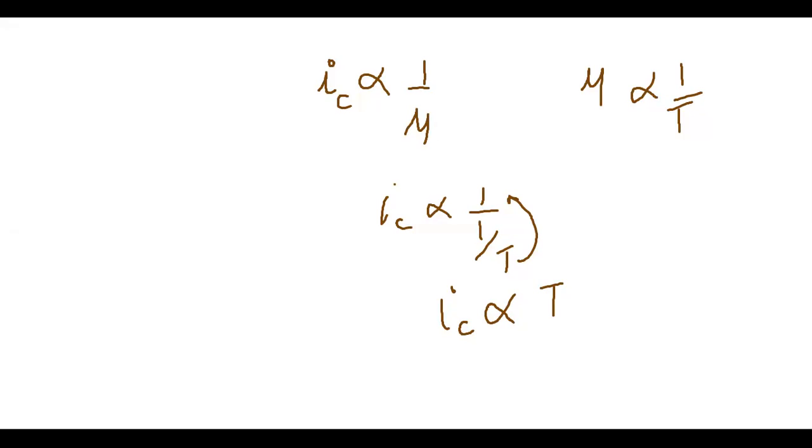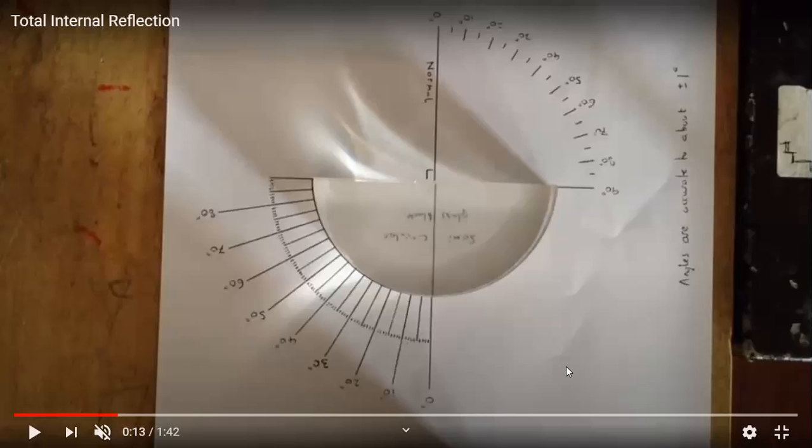So if you see further, in this apparatus of a glass D, that is a semicircular glass slab, we have marked angles from 0 to 90 degree in first and third quadrant.